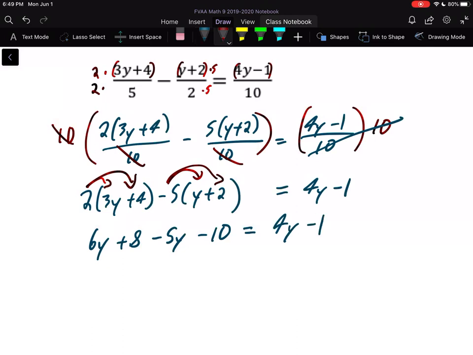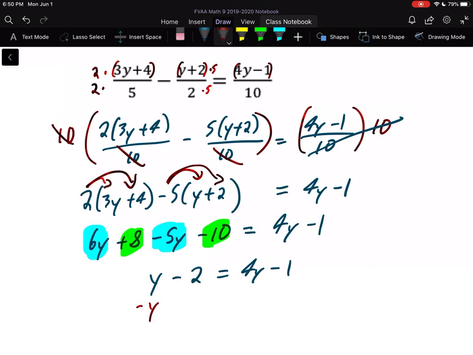I'm going to bring my y variables to the right-hand side, and my constants to the left-hand side of the equation. So I'm going to do minus y, and then, actually, no, before this, I'm going to combine all my like terms on my left-hand side of my equation. So these two together will give me y, and then these two together give me minus 2. Y minus 2 is equal to 4y minus 1.